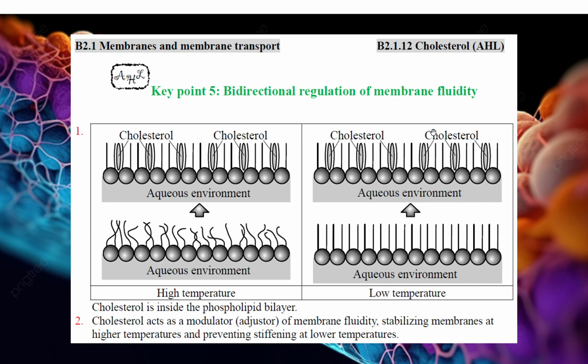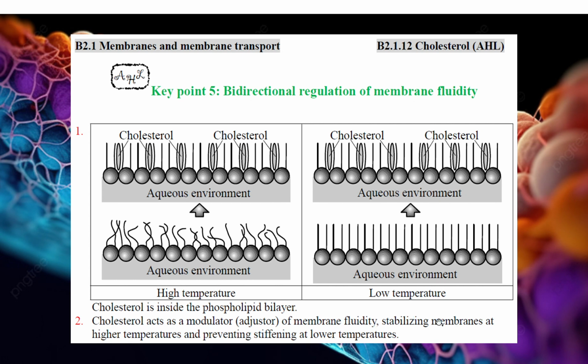So we have the bidirectional regulation of membrane fluidity, and this is the role of the cholesterol again. Before, we just said the cholesterol works in one direction, but actually it works in two. In high temperature, it is too fluid, and the cholesterol makes it more regular. In low temperature, the lipids stiffen and can pack together, and the cholesterol keeps them from joining together.